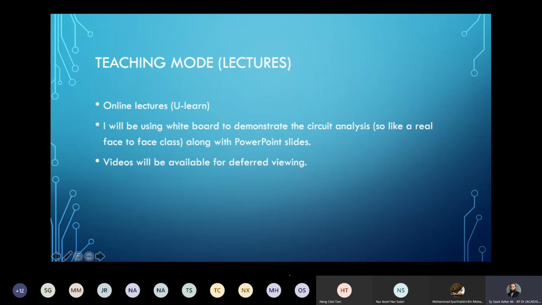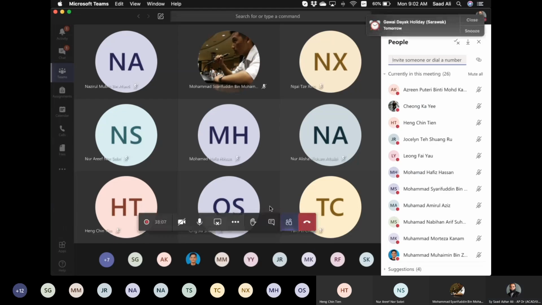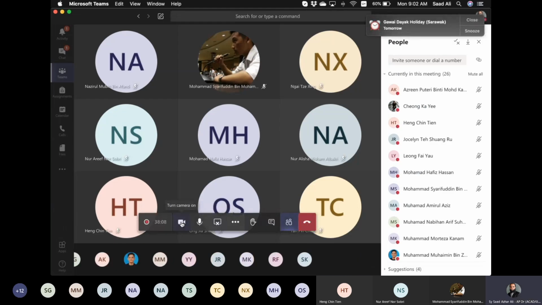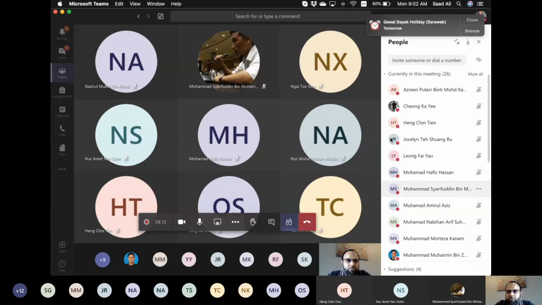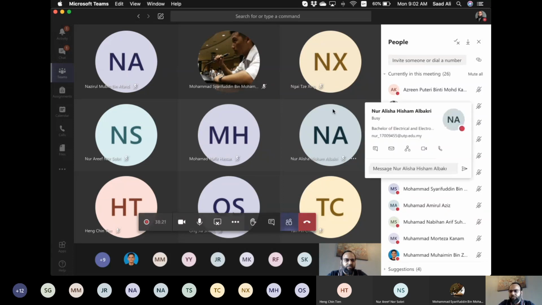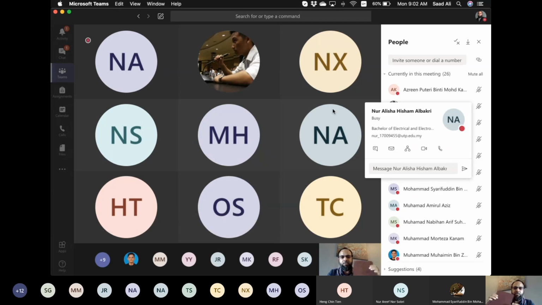Let me show you. I'm turning my camera on again. How can I make it full screen for you guys? Can you see my face? So basically, this is the device that I'm using, and most of you already know this thing.